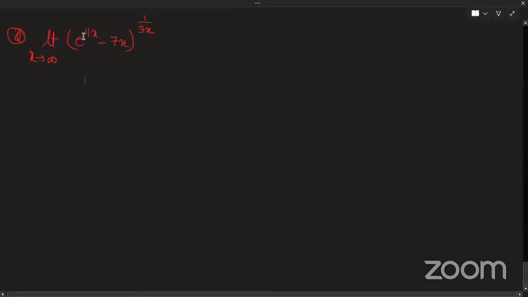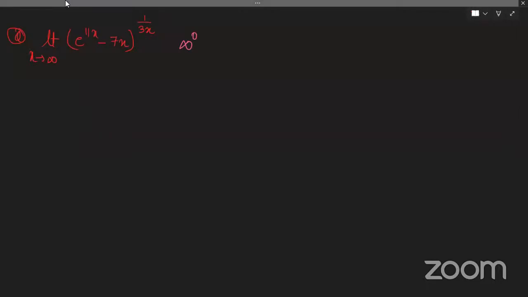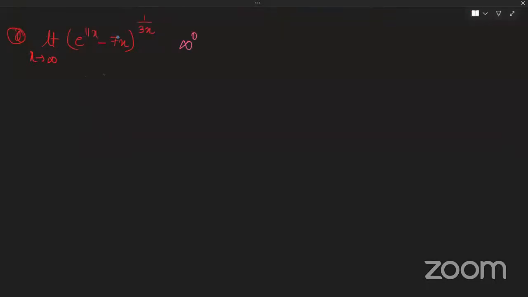If x is tending to infinity, you have already told me that e raised to 11x minus 7x raised to 1 by 3x will tend to, which form is this? Which indeterminate form will it become? Infinity raised to 0 form, great. How do we solve infinity raised to 0 power?